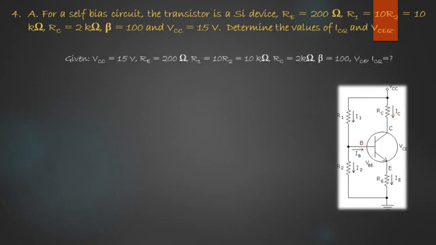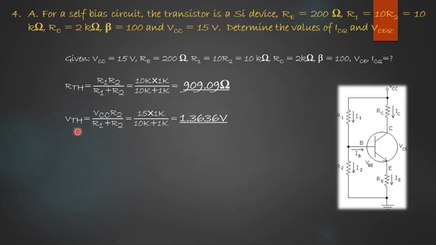In case of the self-bias circuit, we know that the circuit has to be replaced with its Thevenin's equivalent, where we have to calculate the RTH value, which is R1 and R2 in parallel, which comes out to be 909.09 ohms. We also have to find out VTH, which is VCC times R2 by R1 plus R2. So that gives us VTH equal to 1.3636 volts.